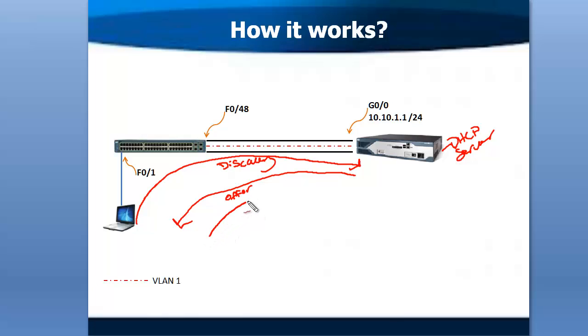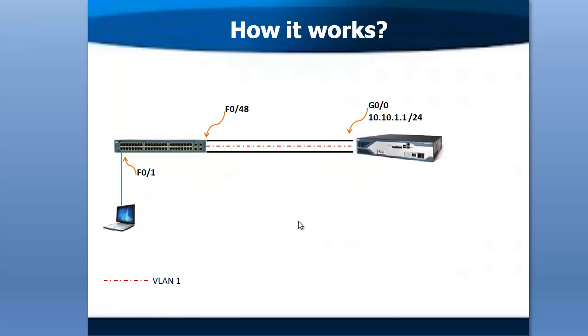Once the computer receives the offer, it's going to send back a request, and then the DHCP server, the router in our case, will send back the acknowledgement. I know I keep repeating this, but this is what I really want you to take away from this video: this is everything that's happening in the background.